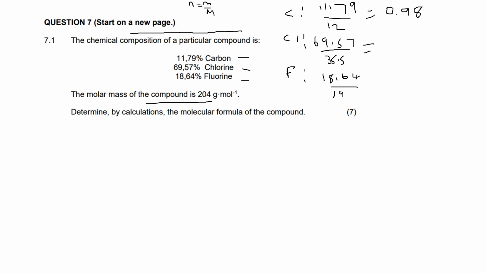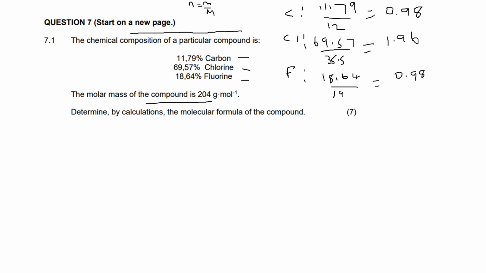And then 69,57 divided by 35,5 is 1,96, that should be fine. Then lastly, 18,64 divided by 19 is 0,98 also. So I've got those 3 values now.